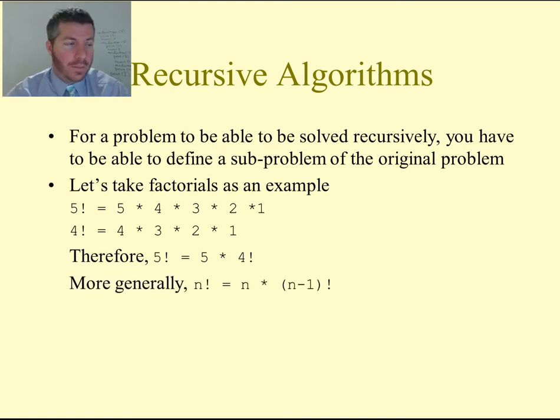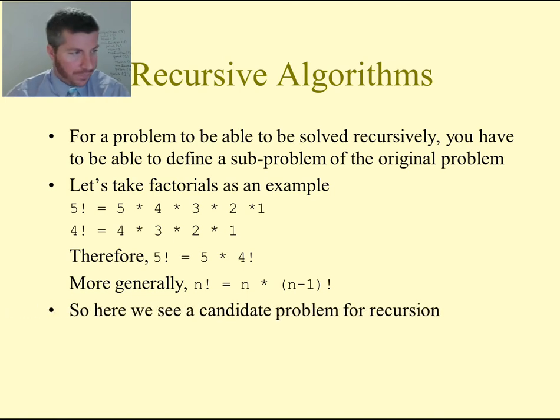Well, we need to figure out what our base case is going to be. Our base case for factorial is probably going to be that we know what 1 factorial and 0 factorial both are. These are both defined. They're accepted that they both equal 1. So when we get down to that point, we know that 1 factorial and 0 factorial are both 1.